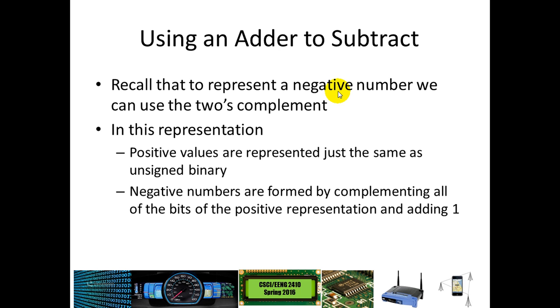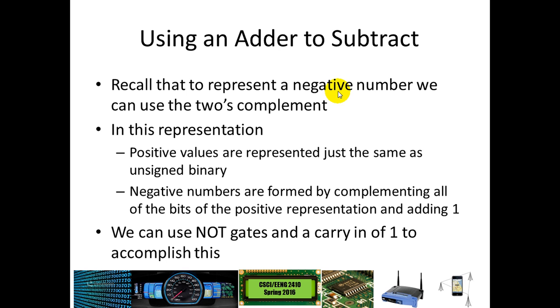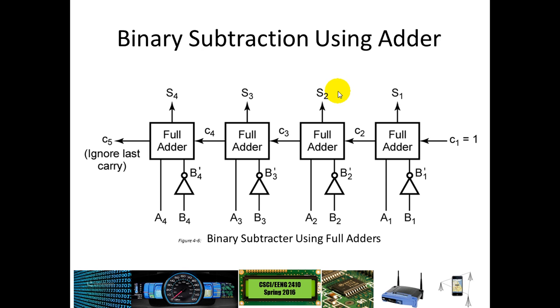So in this case, positive values can be represented just the same as unsigned binary. Negative numbers in 2's complement we found by flipping all the bits and adding 1. So we can use those NOT gates and a carry in of 1 to make the 2's complement. So here we're trying to do A minus some value of B. So our A value is coming into the full adder just the same.